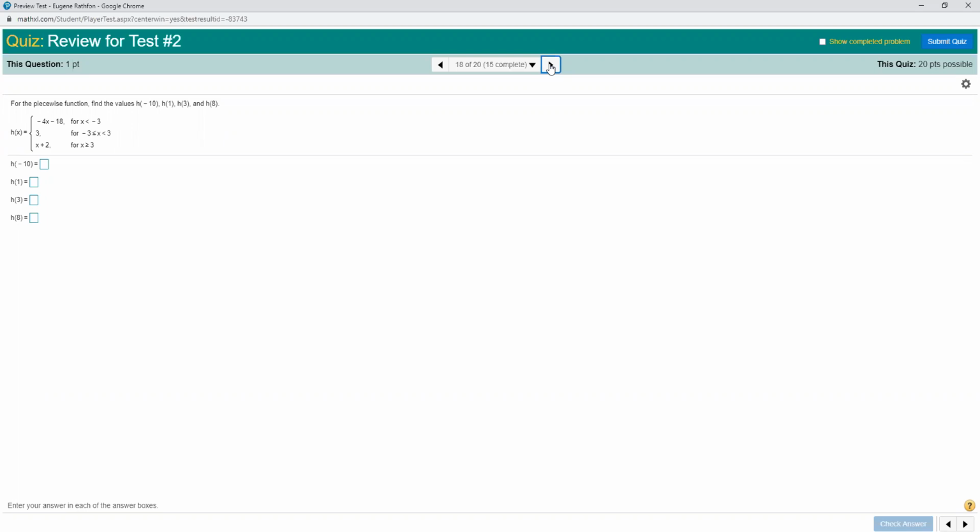And then it's going to be x plus 2 for any x's that are greater than or equal to 3. They want me to find h of negative 10, h of 1, h of 3, and then h of 8. So really, this is almost like 4 problems in one.